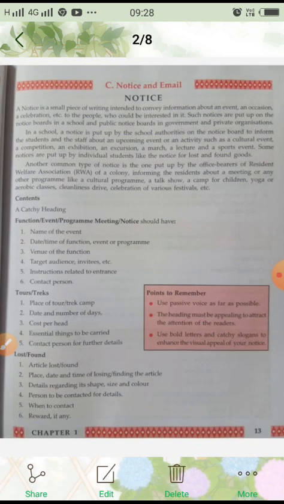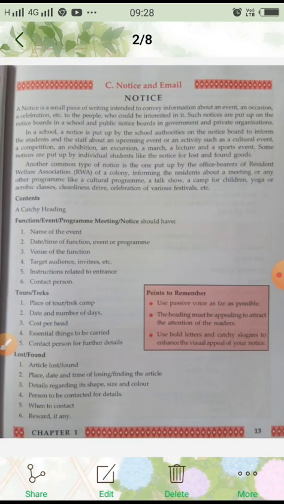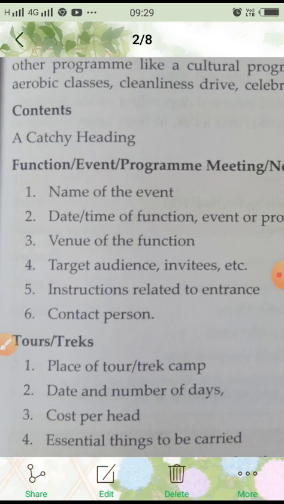And then the second point. Now, this second heading that we are reading, function, event, program, meeting, notice, under this makes the body part of the notice, and these are very main points which you have to keep in mind. So the first point is the name of the event.